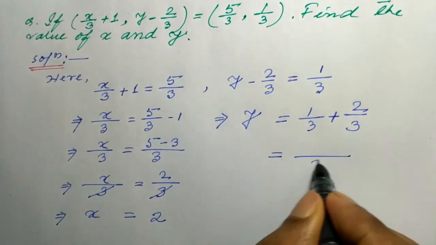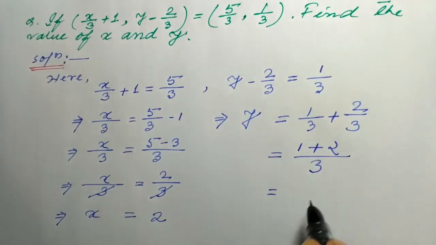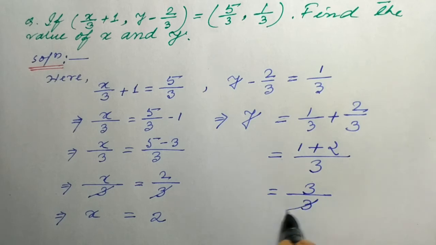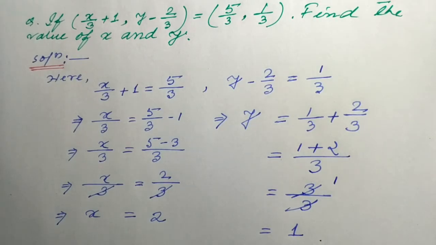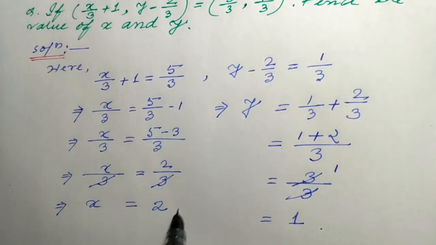Then we take the LCM, 1 plus 2 equals 3, so 3/3 equals 1. Here the values of x and y will be 2 and 1. I hope everyone understood this problem.